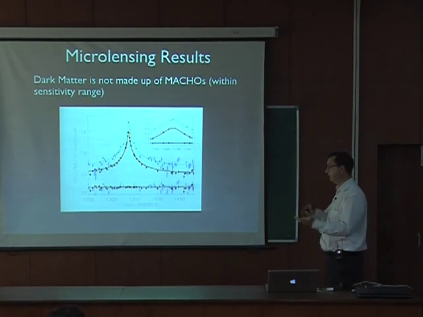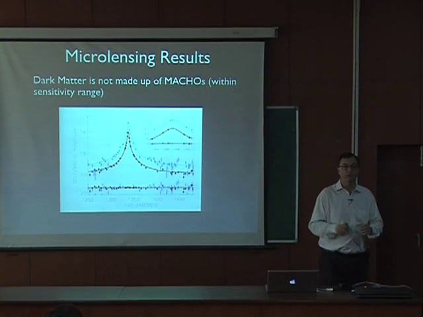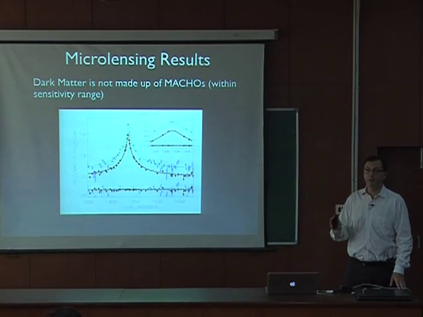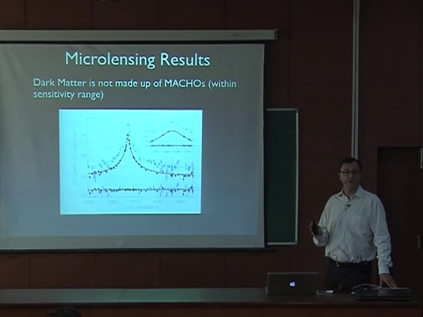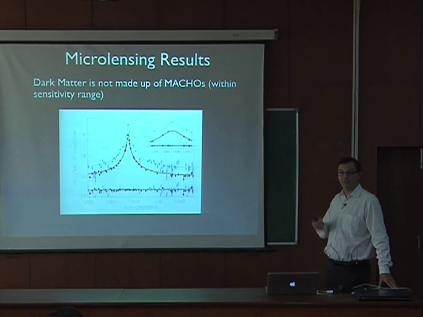They also discovered some very interesting things about the structure of the galaxy and the distribution of stars in the galaxy, but the number of events that they saw was not sufficient to explain the dark matter of the halo. So that led to the conclusion that dark matter is most likely not made up of these MACHOs, basically. And that's where the constraint on the granularity comes from.